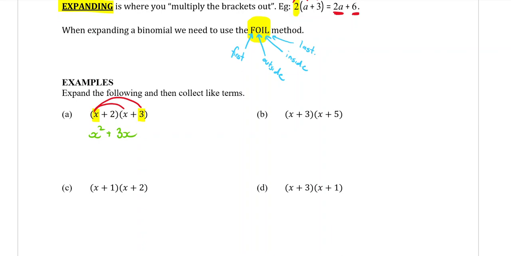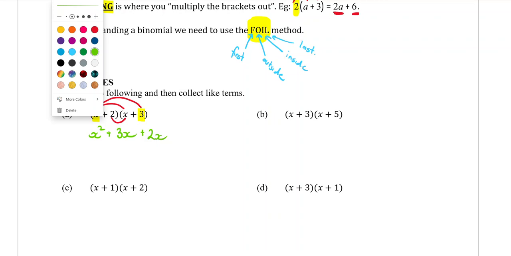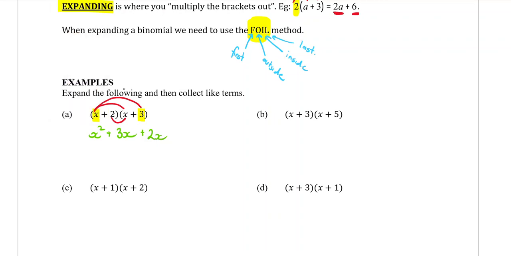I stands for inside. So these 2 little middle ones, inside ones together. Times them. 2 times x is 2x. And finally, the L stands for last, which means I want the last thing in each, which is 2, which is this. So plus this on the end.